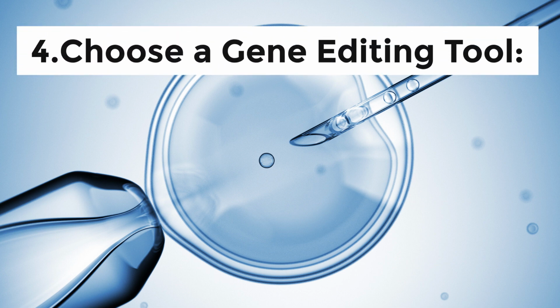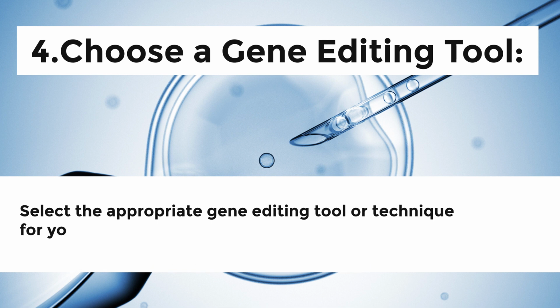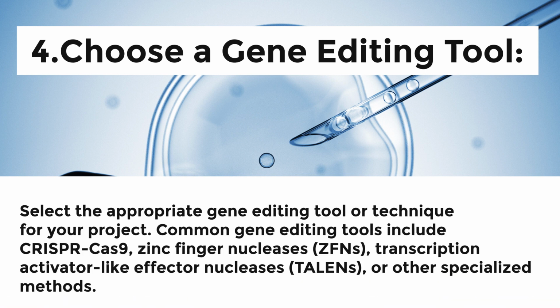Then choose a gene editing tool. Select the appropriate gene editing tool or technique for your project. Common gene editing tools include CRISPR-Cas9, zinc finger nucleases, transcription activator-like effector nucleases or other specialized methods.